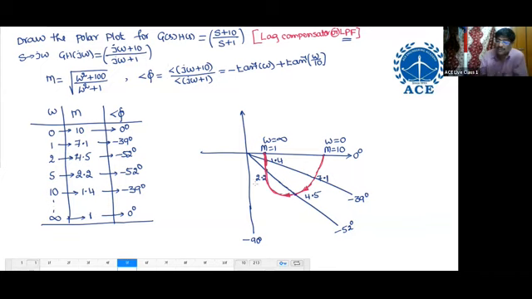Lead means positive angle, upward; lag means negative angle, downwards. So like this you have to draw the plot.